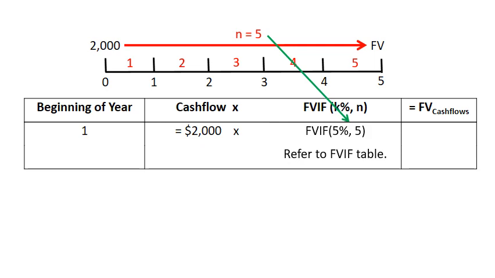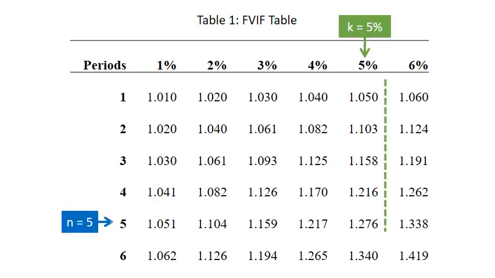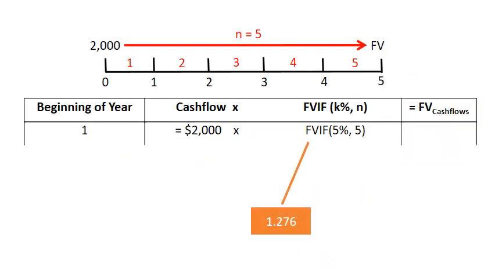Let's refer to the FVIF table. This is an extract of the FVIF table. So k is 5% and n is 5. So the value we're looking at is 1.276. Remember this figure?